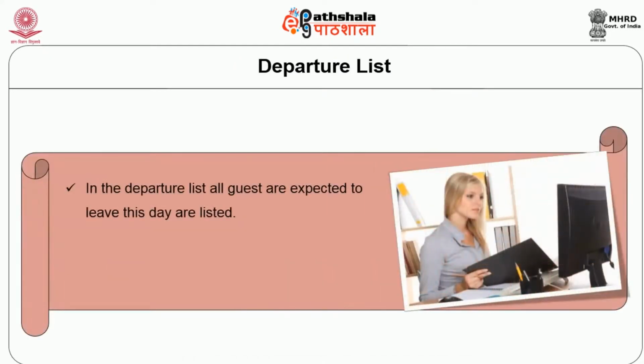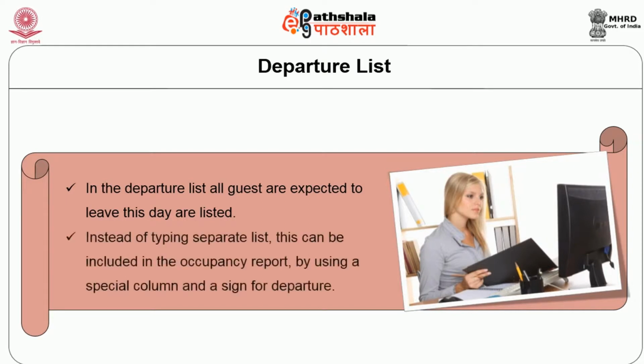In the departure list, all guests who are expected to leave this day are listed. Instead of typing a separate list, this can be included in the occupancy report by using a special column and a sign for a departure. Next are plans.